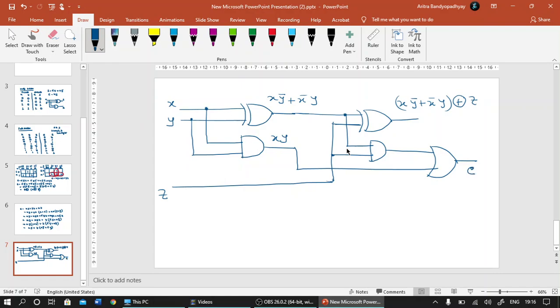So from here we are getting (xy complement plus x complement y) z, and from here we are getting xy. So finally, for the expression we will get xy plus (xy complement plus x complement y) z. Sum will be z XOR x XOR y, and carry will be (xy complement plus x complement y) z plus xy. Okay. Thank you.